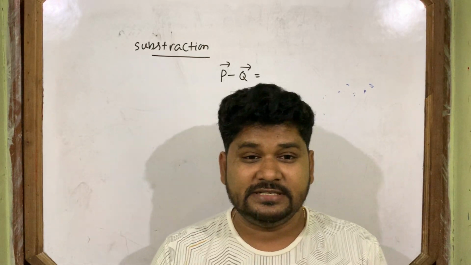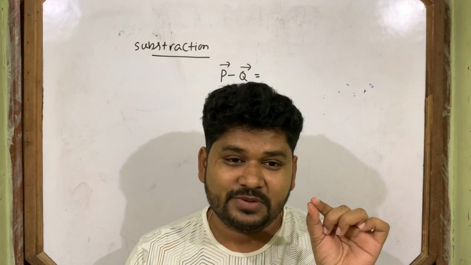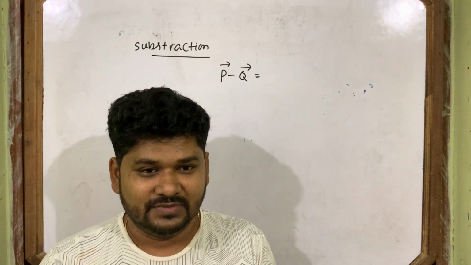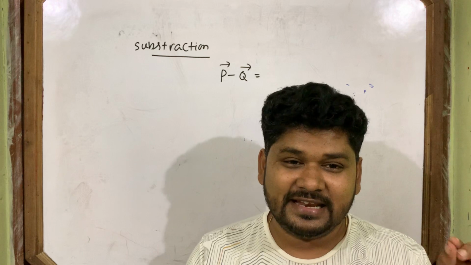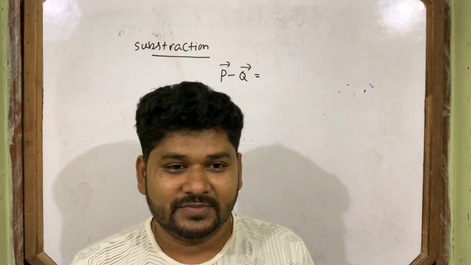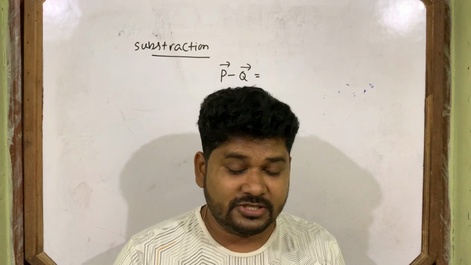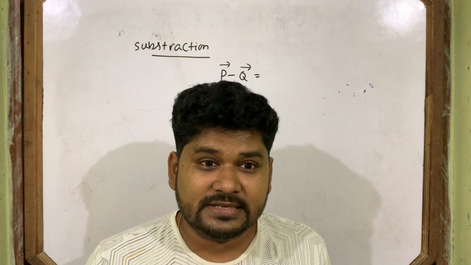According to one mathematician, there is no operation like subtraction in mathematics. There is no operation like subtraction in mathematics. So what you are reading? What you are reading subtraction? Subtraction is not a mathematical operation. No. Then what is it?